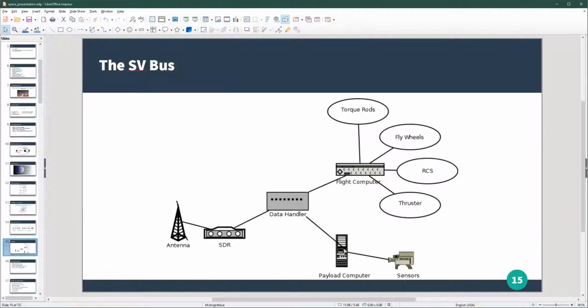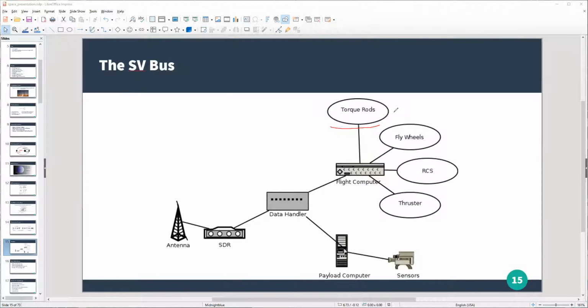Anyway, so yeah, you want to keep everything separate. And you'll notice there's a few things up at the top here, and I want to explain what these are. So what is a torque rod? Well, if you are in a low Earth orbit, you can still be affected by Earth's magnetism.